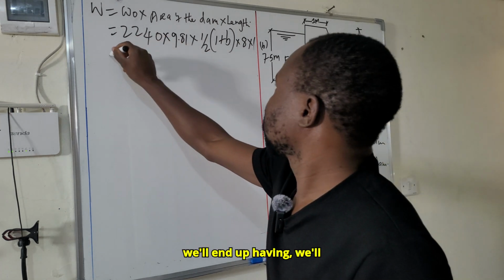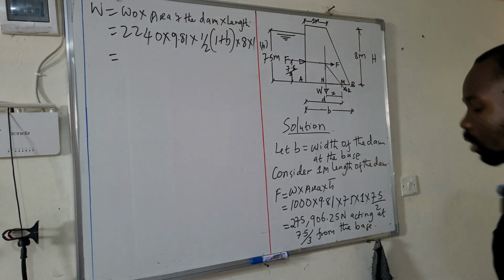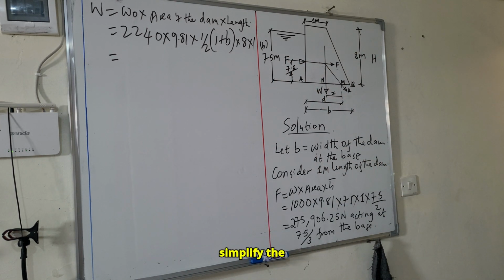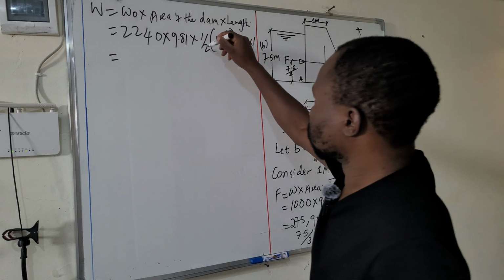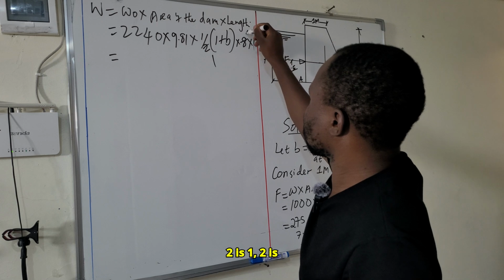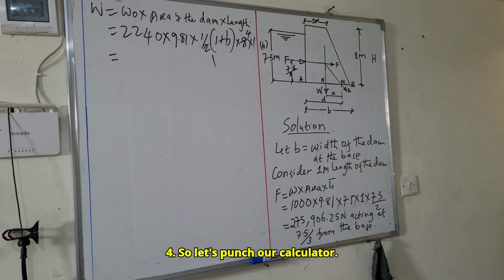We simplify the expression. 2 into 1, 2 into 4. So let's punch our calculator.